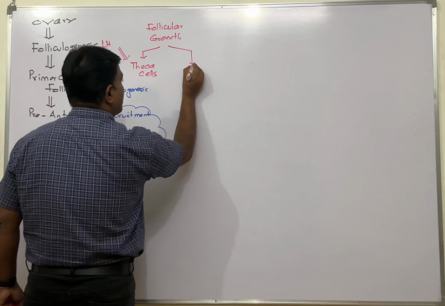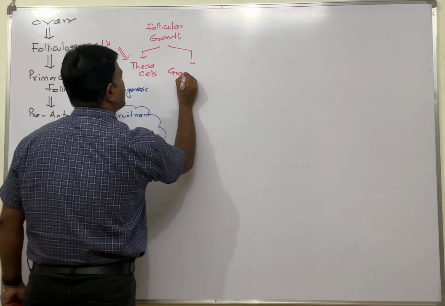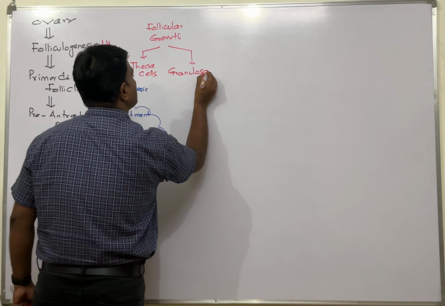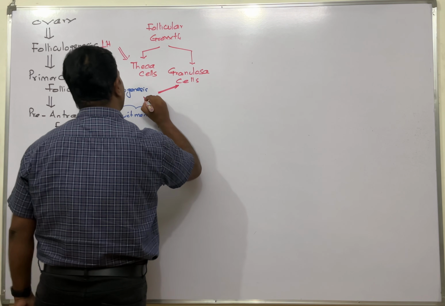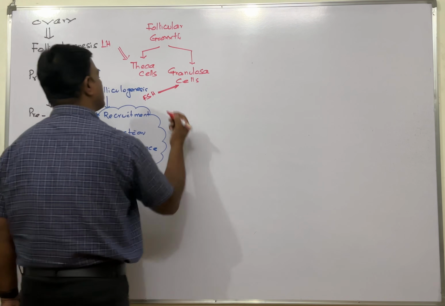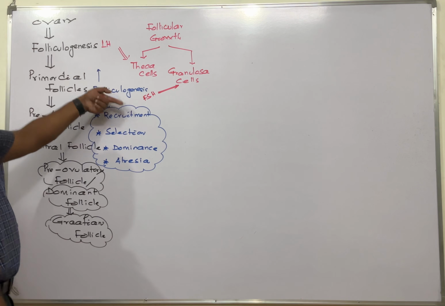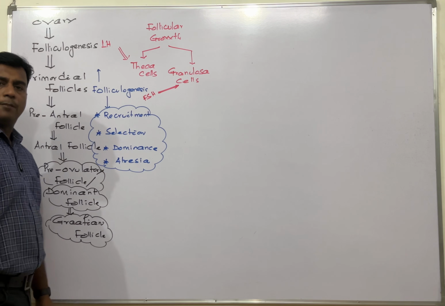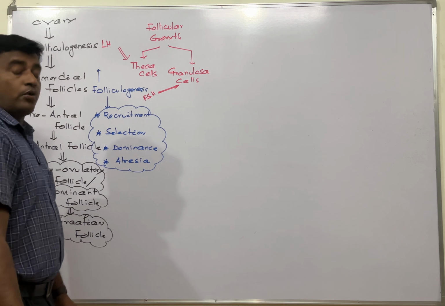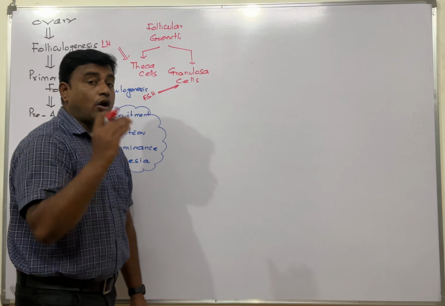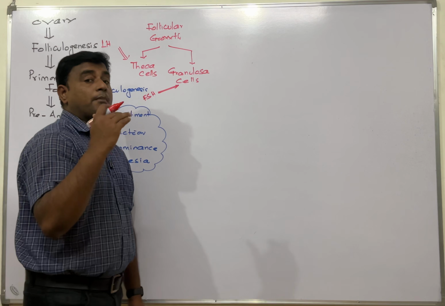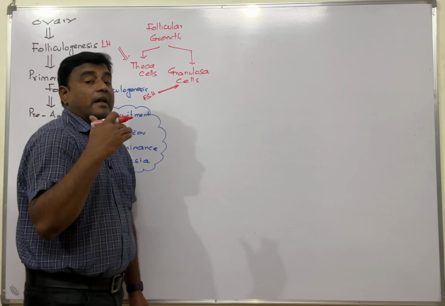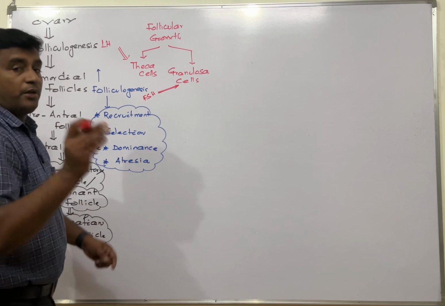And the second, the most important cell, are the granulosa cells, which predominantly show the receptors for FSH, the follicle stimulating hormone. Both these hormones are secreted from the anterior pituitary. And do not forget to visit the endocrine regulation of folliculogenesis lecture, and how the hypothalamus and pituitary gland are regulated through these hormones. Please visit.